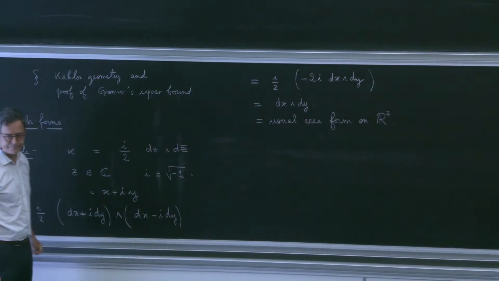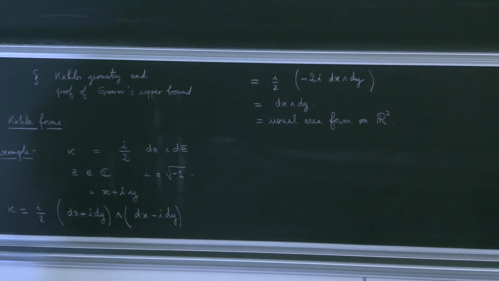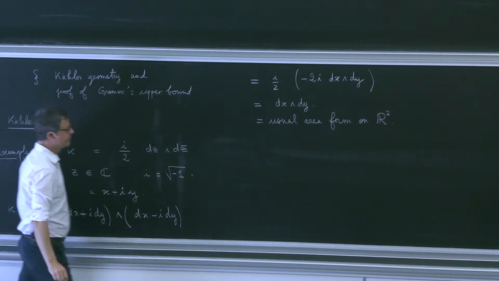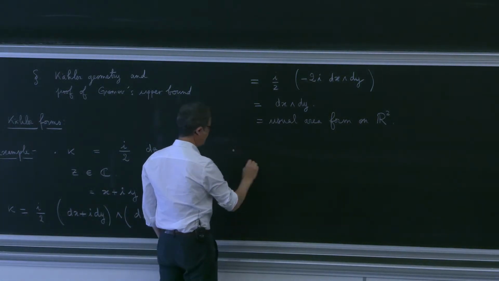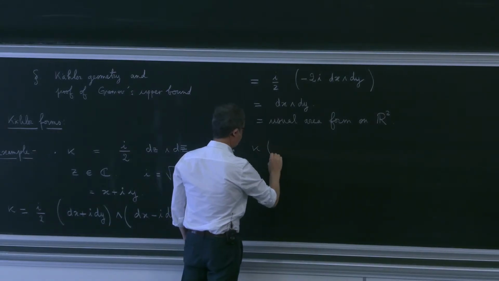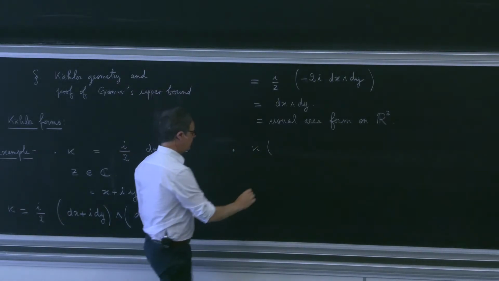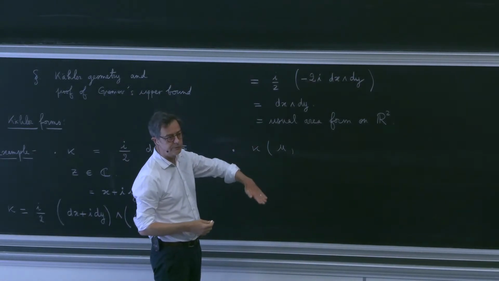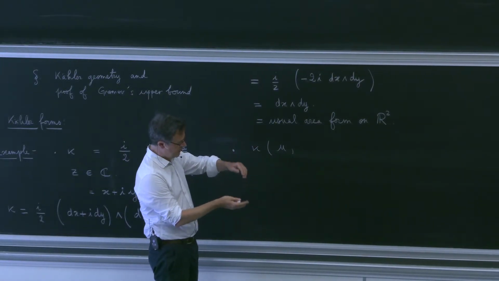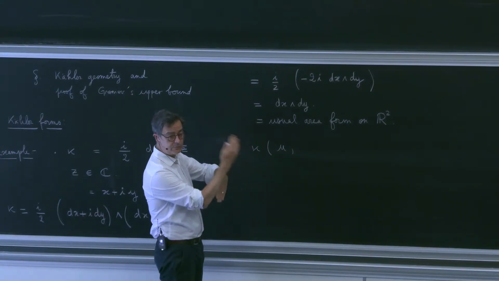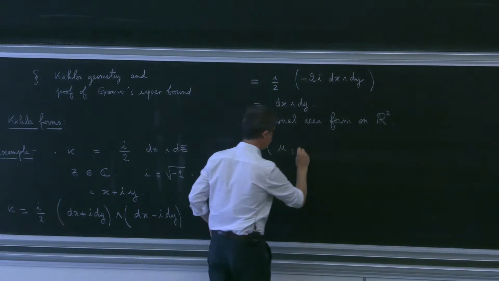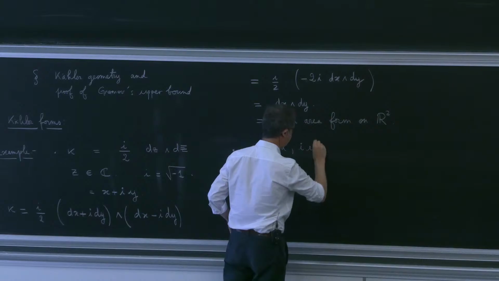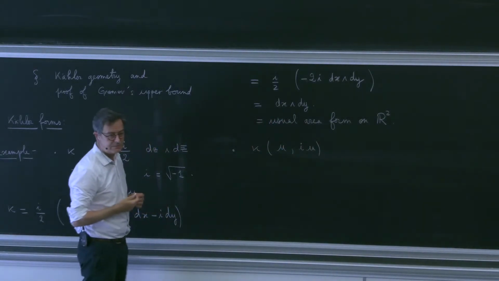Okay, so that's the first remark. Second remark is, what happens if I want to evaluate kappa on a vector u, and the same vector, but which I rotate by 90 degrees. Rotating u is multiplying u by i, right?